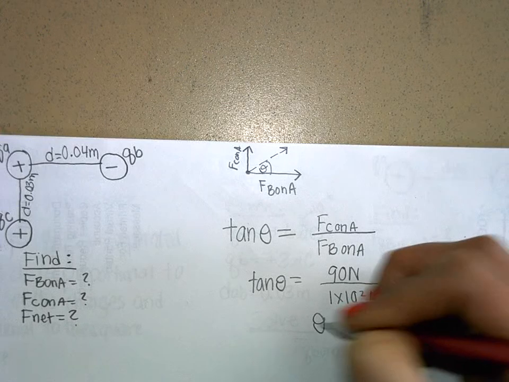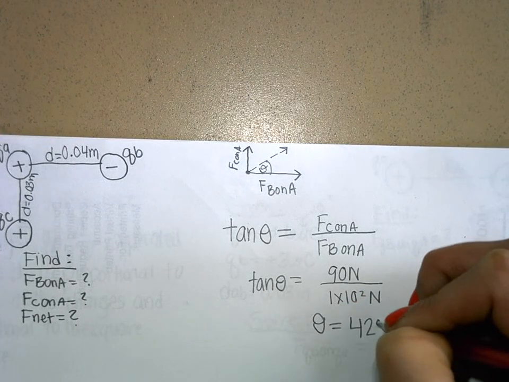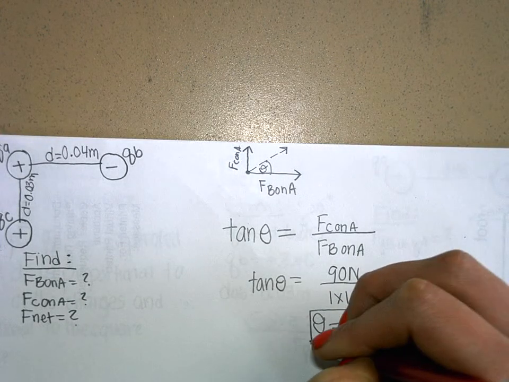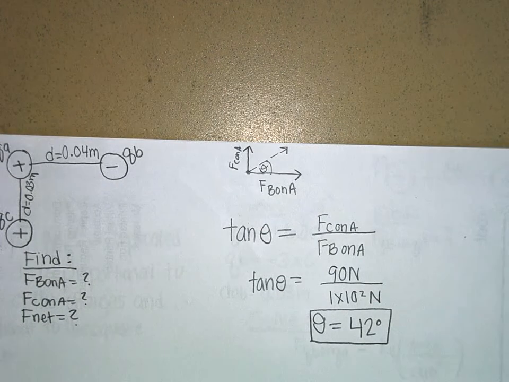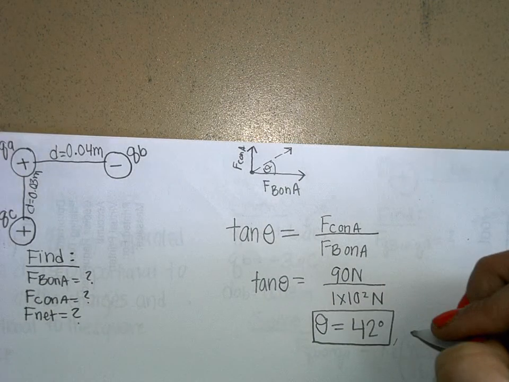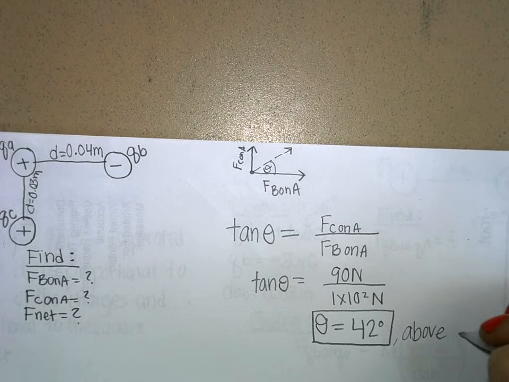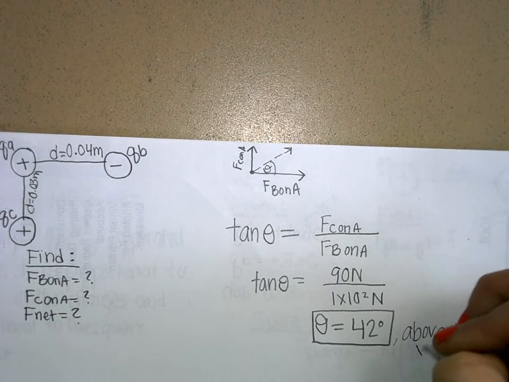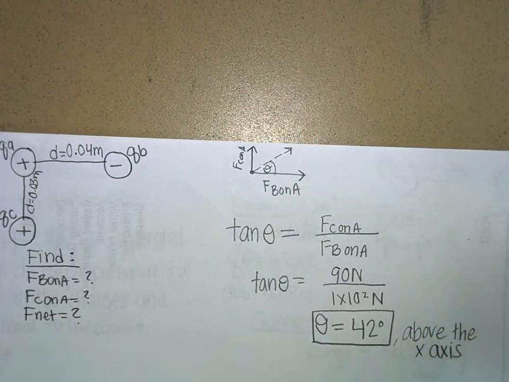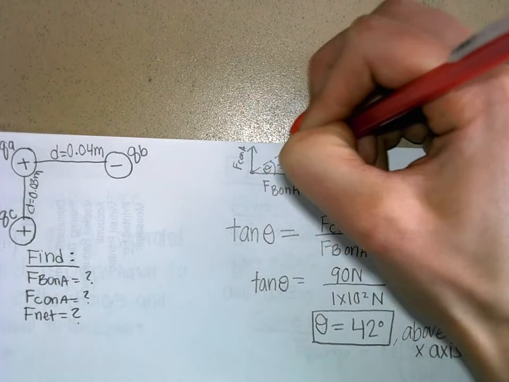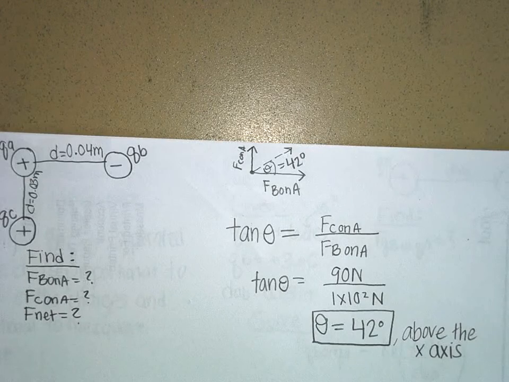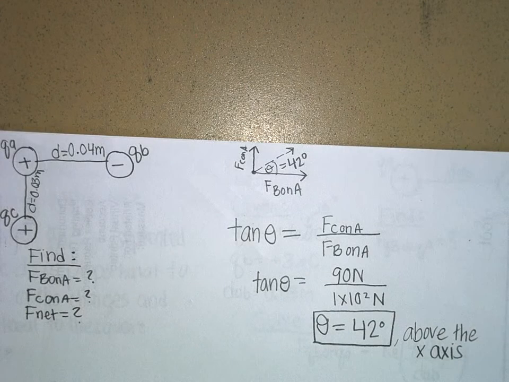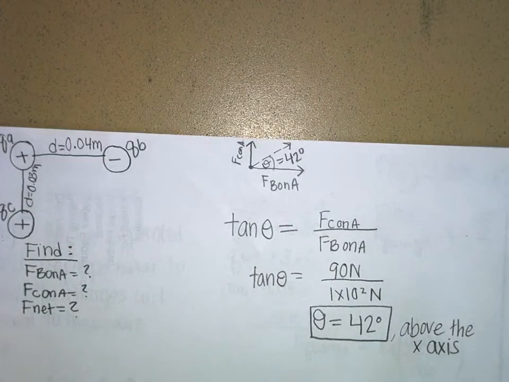And you end up getting theta is equal to 42 degrees. So that is the direction of the net force. It's 42 degrees above the x-axis. So this angle is 42 degrees. So you can always find the tangent angle before or after you find the net force. Either way, we already found the two main components to solve for the net force, so that's why we can do either step, whatever order you feel like doing them in.